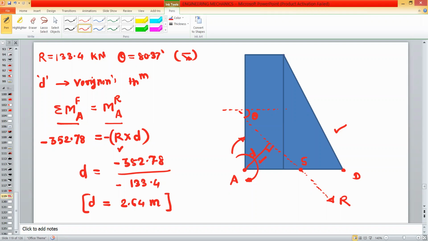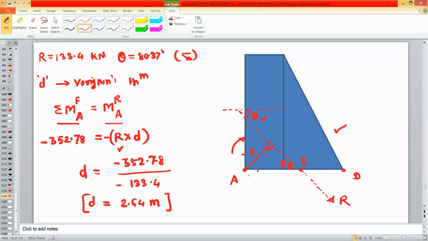Now we have to find the intersection point on the base AD. We have this distance D, we have the angle theta. If this is theta, this will be theta; these are the alternate angles.